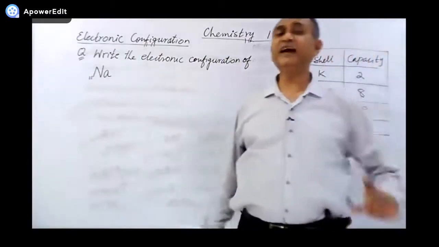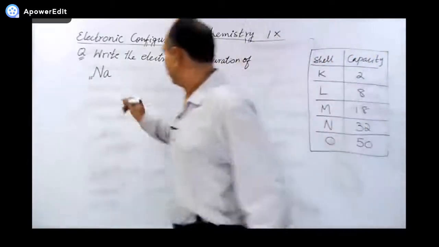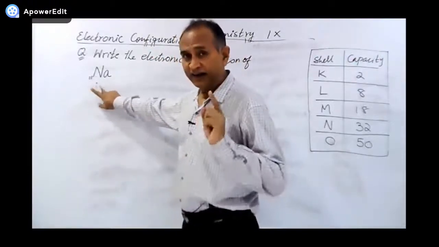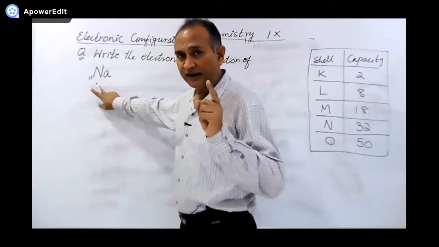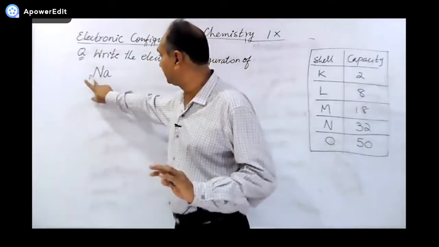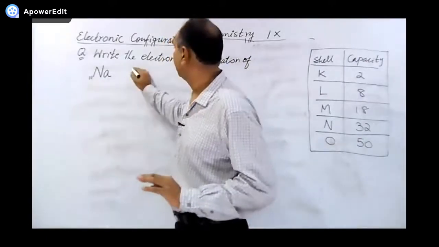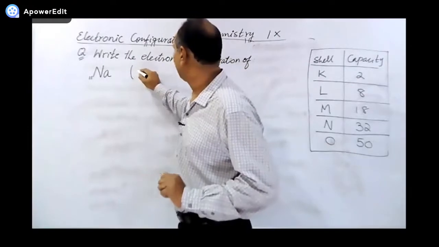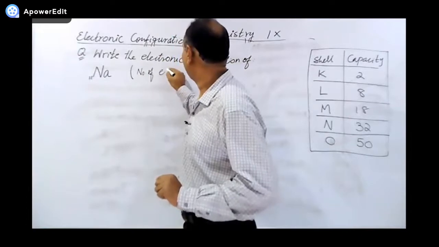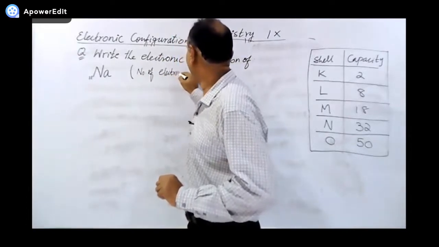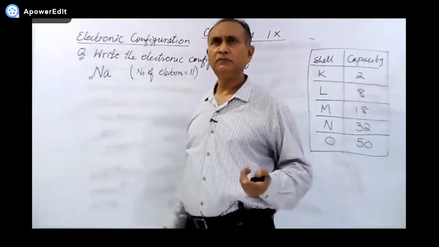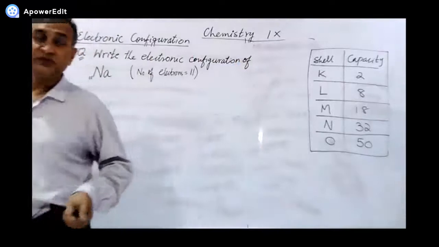So 11 is its atomic number. So we have 3 predictions over here. 11 electrons, 11 protons, 11 is the atomic number. So if you see a number over here, it means it has 11 electrons. Number of electrons in sodium is 11.